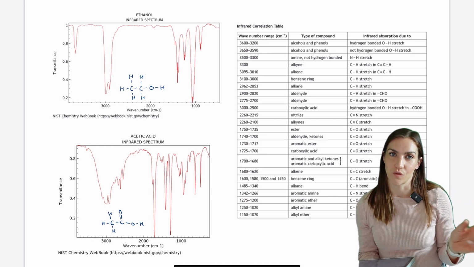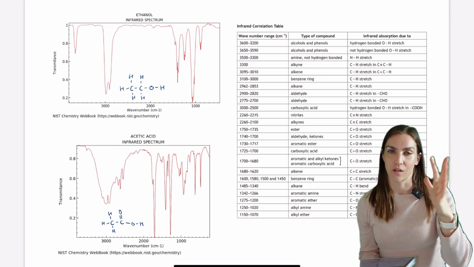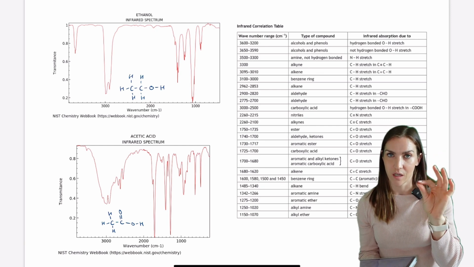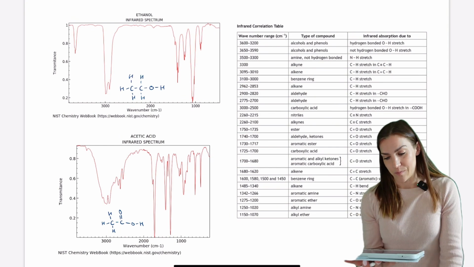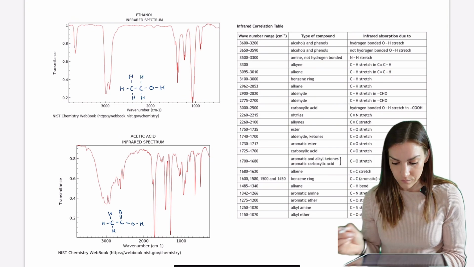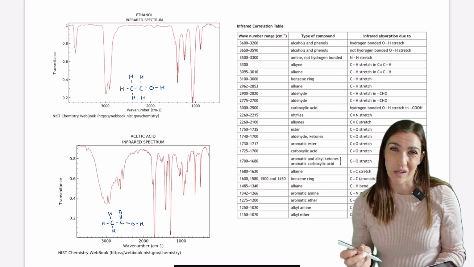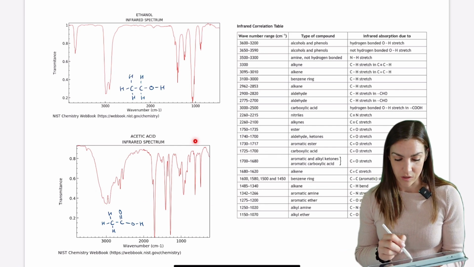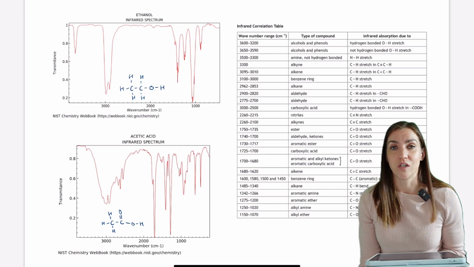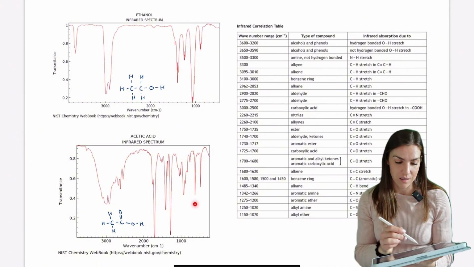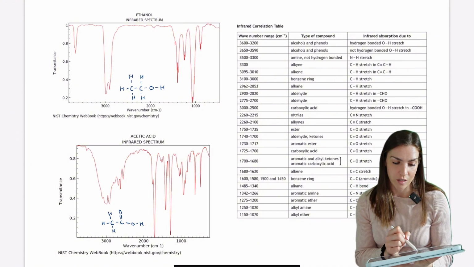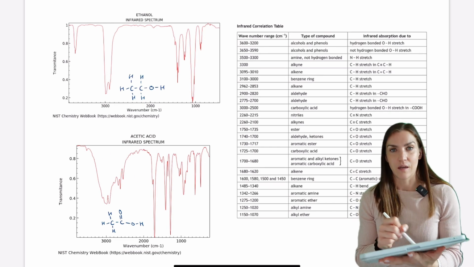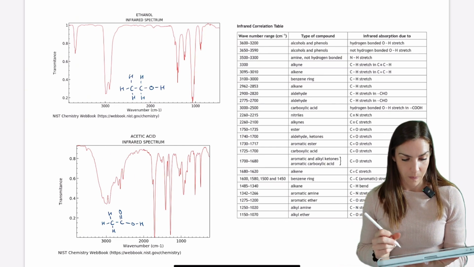That's why it's known as the fingerprint region: if you think of crime investigation, we can identify specific people by their fingerprints, so that's why they've named that area the fingerprint region. It's not something you'll probably get asked about much, but it's good to know. It can look a bit busy in this area, so I would usually look for other peaks first, but it's still a useful bit to look at.